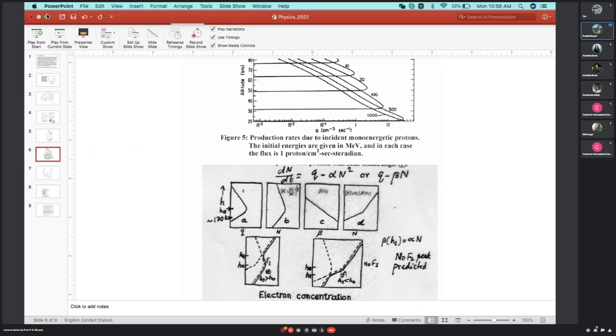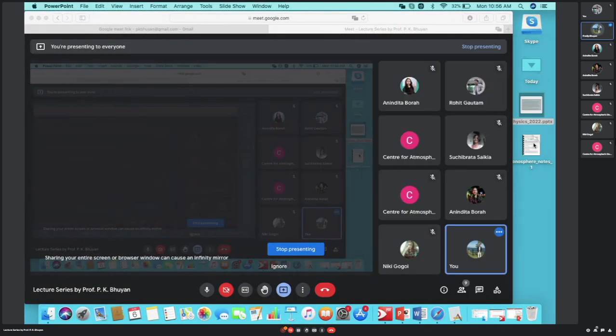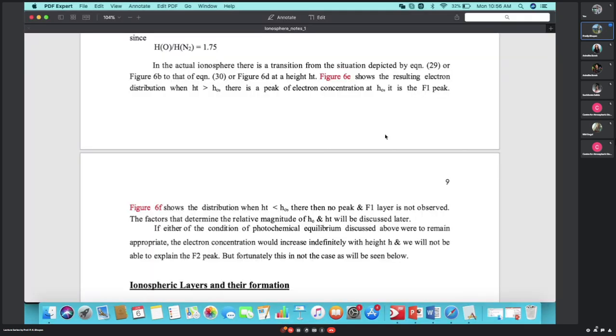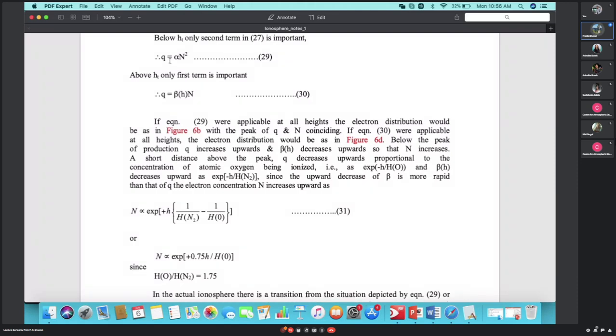So let me again go back. That is what I have told you. If in the actual ionosphere there is a transition from the situation depicted in equation 29, 29 is this alpha n square, or even 30, what happens?